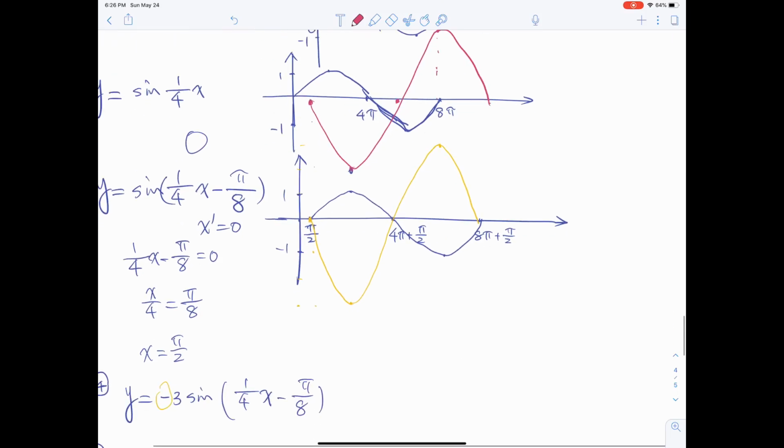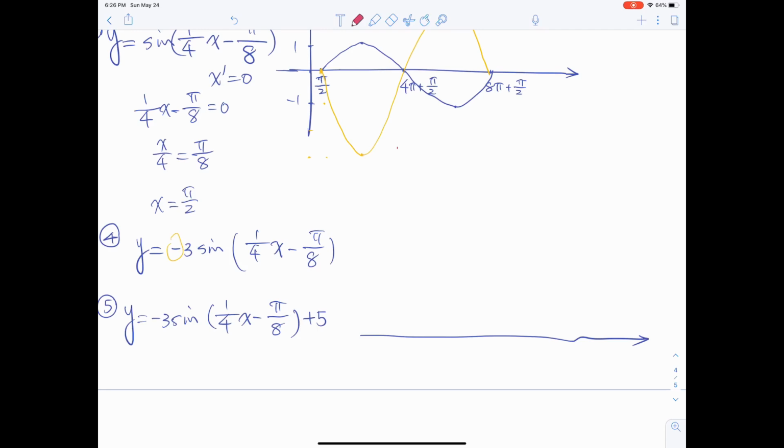It will not even touch the previous graph. 1, 2, 3, 4, 5, 6, 7, 8.